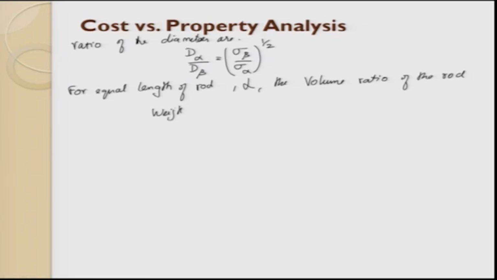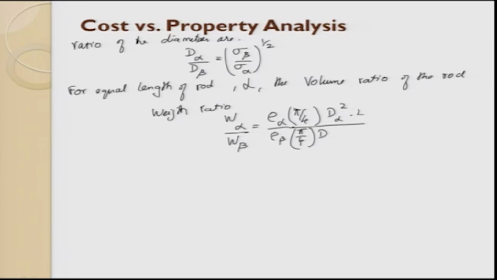The weight ratio W alpha by W beta equals rho alpha by rho beta times pi by 4 d alpha square L divided by pi by 4 d beta square L. That is nothing but rho alpha into sigma beta by rho beta into sigma alpha.